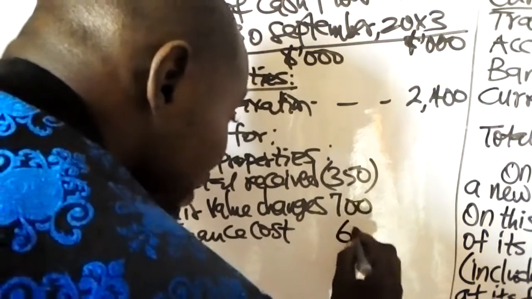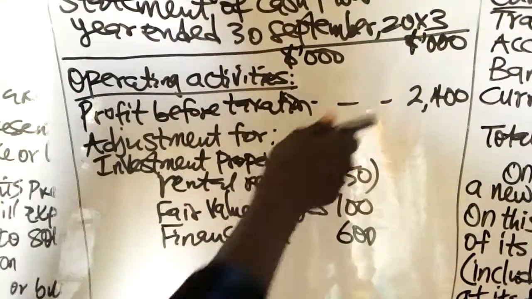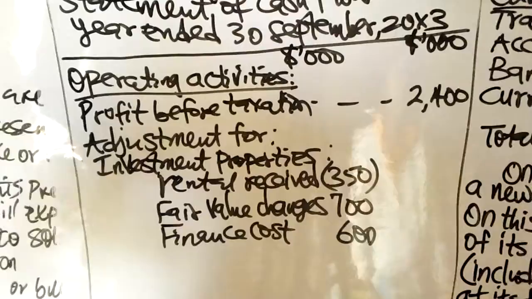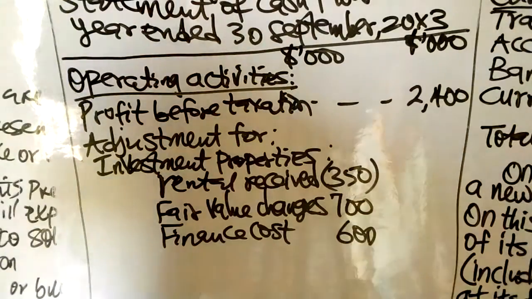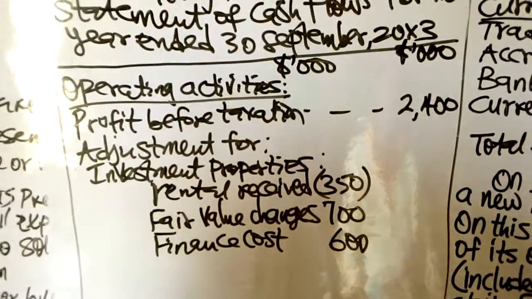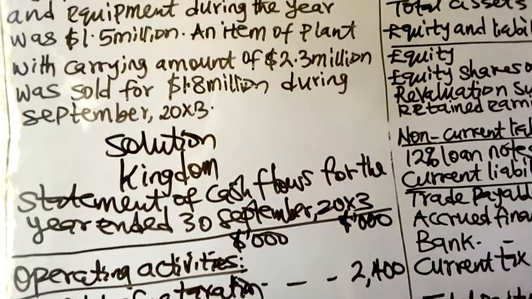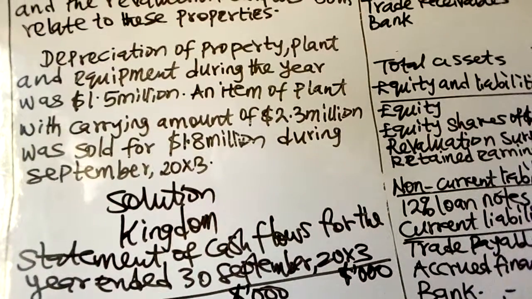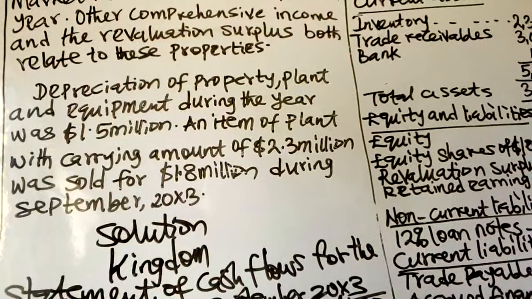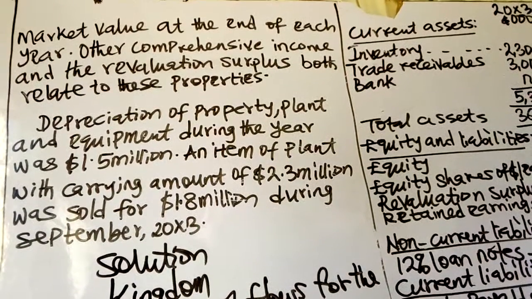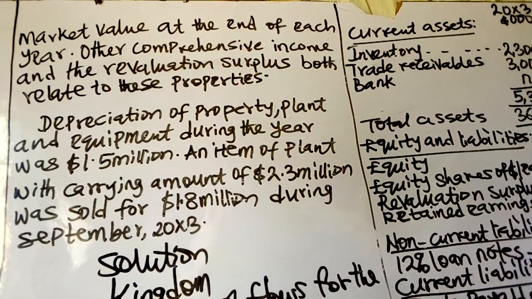So you are going to add that too, because it has led to the reduction in our profit before tax. Now let's go through the note. Those are the items that are not operating activities which have been used before arriving at the profit before tax.